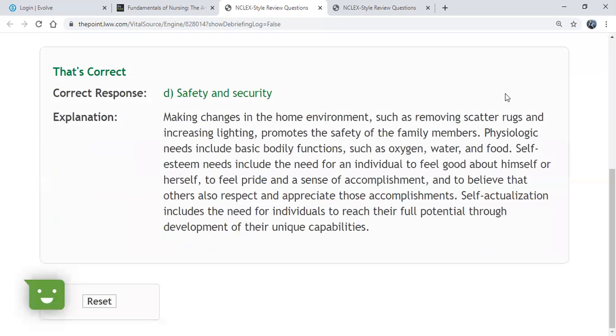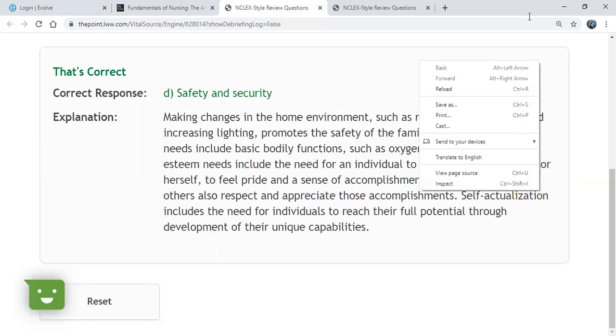All right, I'm just seeing if you're paying attention. All right. Making changes in the environment, such as removing those throw rugs and increasing the lighting, promotes safety. And that falls under safety and security.